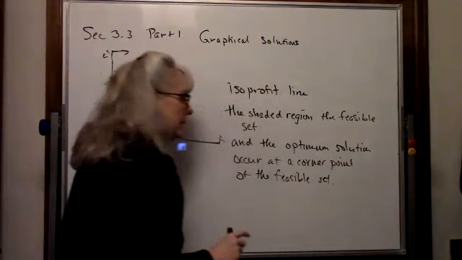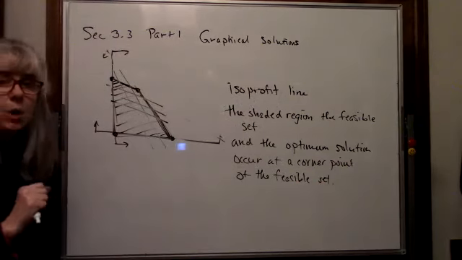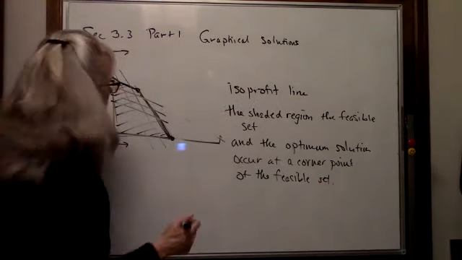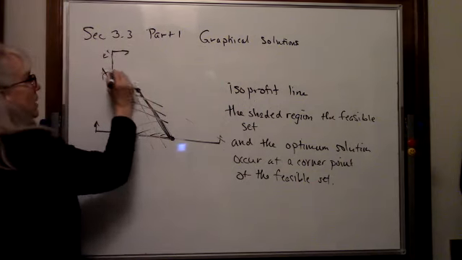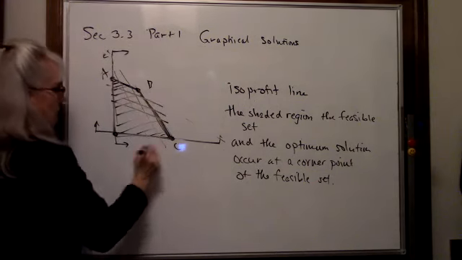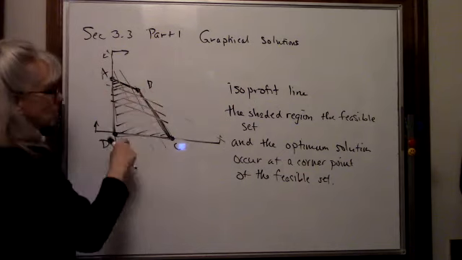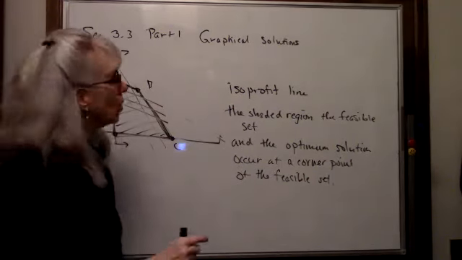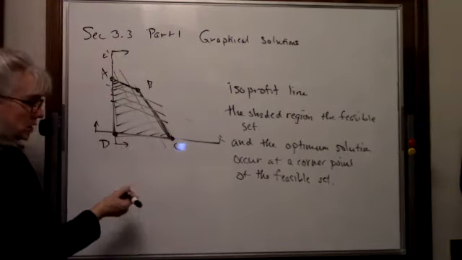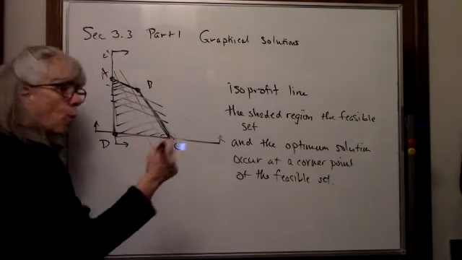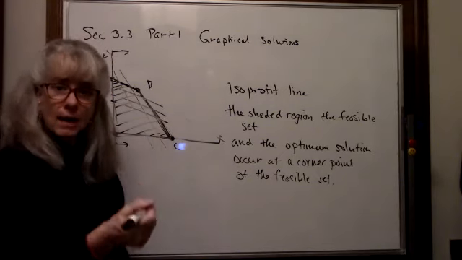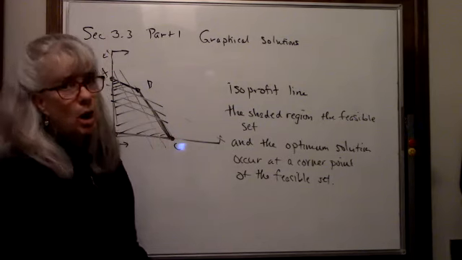So what we need to do once we've graphed our inequalities, those linear constraints, is come back in and identify the corners. Once we have those corners, no matter how many there are, we're going to plug them into the objective function. And once we do that, one of those corners will yield us a maximum profit or a minimum cost.